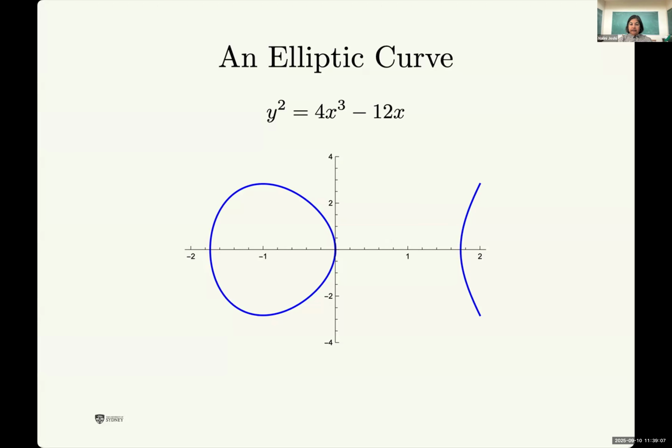So for example, when y is 0, you can immediately see that x must be either 0 or x squared must be equal to 3. And you see those points at the intercepts of the horizontal axis here. So they intersect the x-axis at plus or minus square root 3 and at 0. And because we have only the term y squared, it's symmetric across the x-axis.